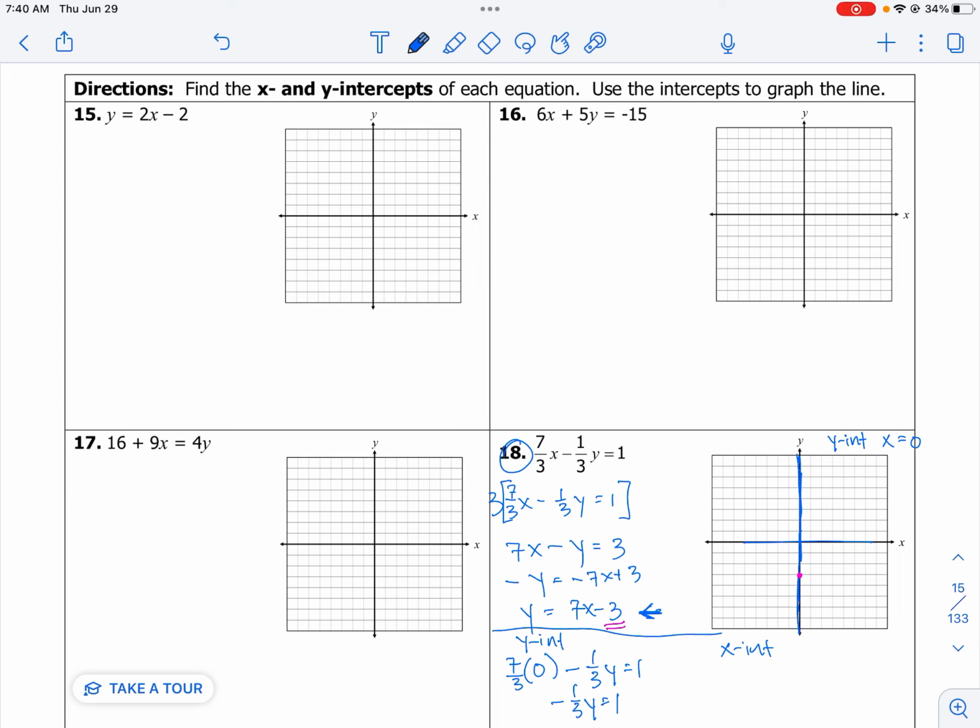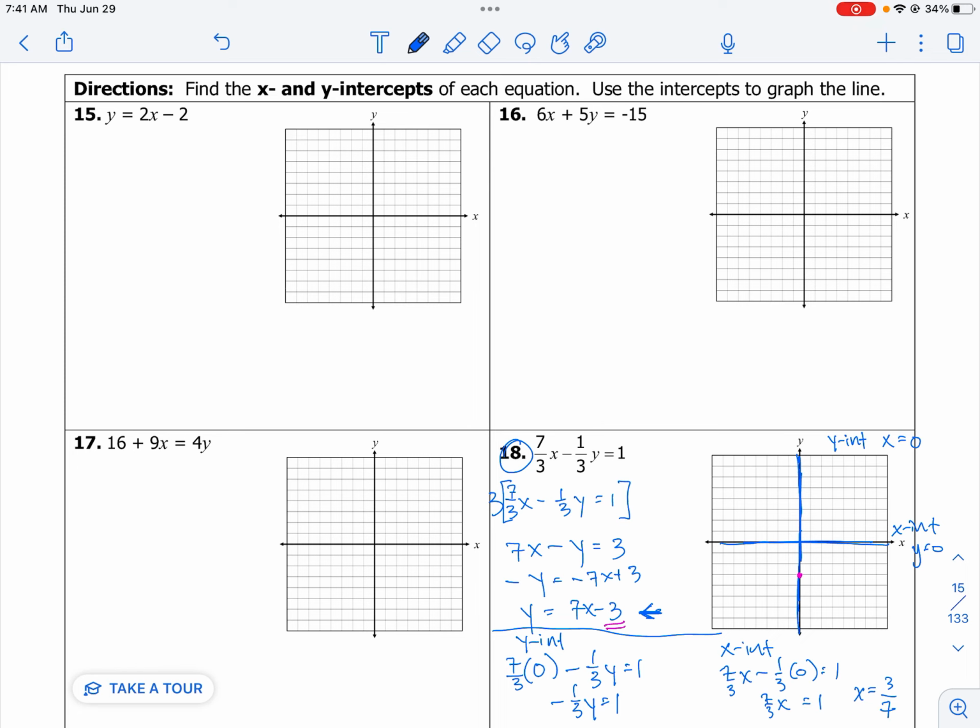Now, if I want to find the x-intercept, if this was the y-intercept, then that's going to be along the x-axis, where all of the y values equal 0. So I'm going to substitute in 0 for y and get 7/3 x equals 1. And so the number that x has to be in order to make this true is the reciprocal, so x is going to be equal to 3 over 7.